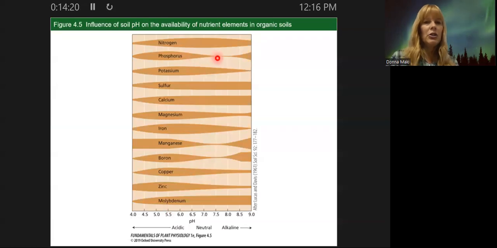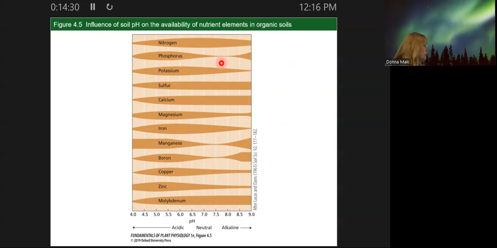And then as you go into alkaline conditions, 7.5, 8, phosphorus just tanks. The plants will have a really hard time getting access to the phosphorus. That's how you interpret this chart. You see that again with manganese and boron, zinc, right? Wherever it's fattest, that's the pH range that it's most soluble and most available to the plant.